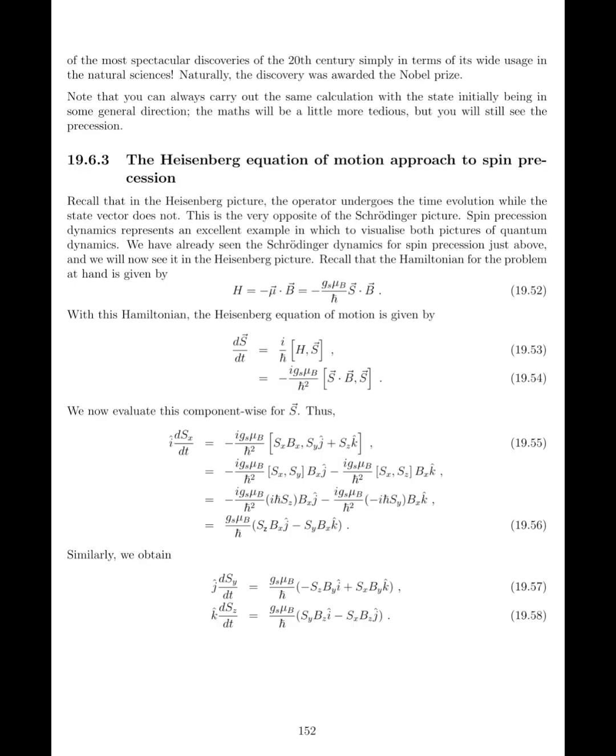Okay. So now, we saw things as a Schrodinger evolution, if you wish. We started with a state, we allowed the state to evolve, and we saw that indeed the state is precessing. But let's look at it from the Heisenberg picture. Since we know how to do these things now, let's ask the same question from the Heisenberg approach. If we allowed the spin operator to evolve in time, how would this happen?